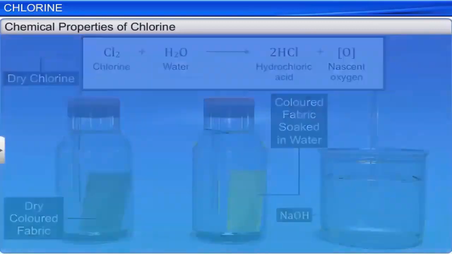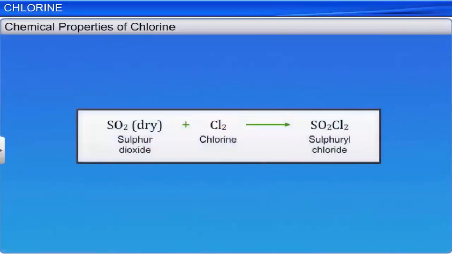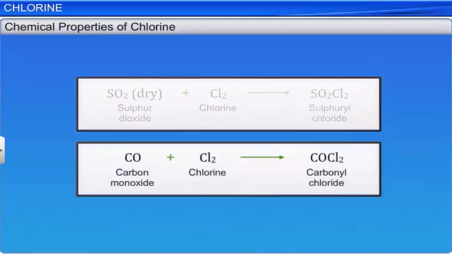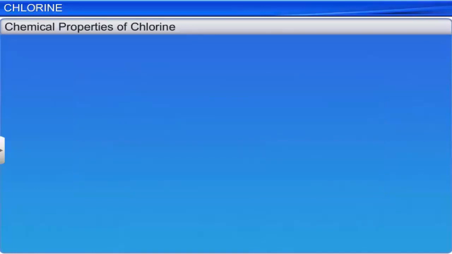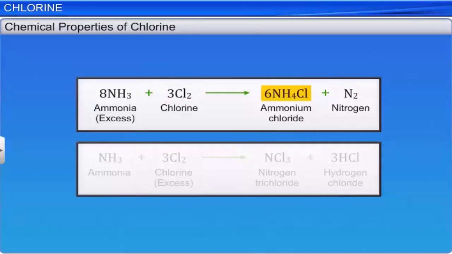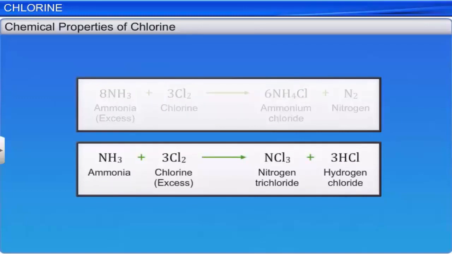It forms addition compounds like sulfuryl chloride with sulfur dioxide and carbonyl chloride with carbon monoxide. It forms ammonium chloride with an excess of ammonia and the explosive nitrogen trichloride with an excess of chlorine.